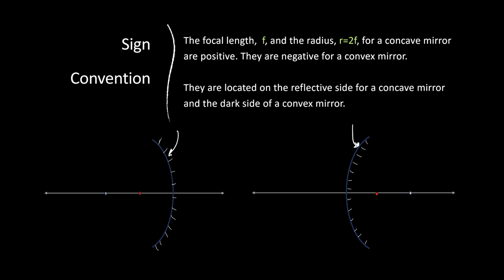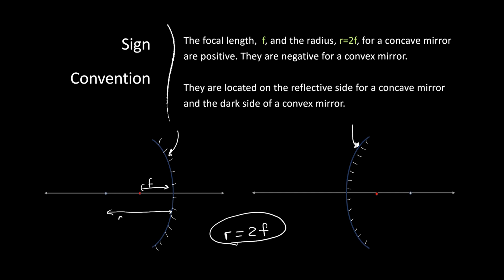Think of a Christmas ornament: if it breaks, you could think of a part of that broken ornament as a convex mirror, but to begin with it was a sphere, so it had a radius. Here's the radius, here's the focal length. The radius is twice the focal length. Sometimes you're given the radius to work the problem, and then the focal length is just half of that.